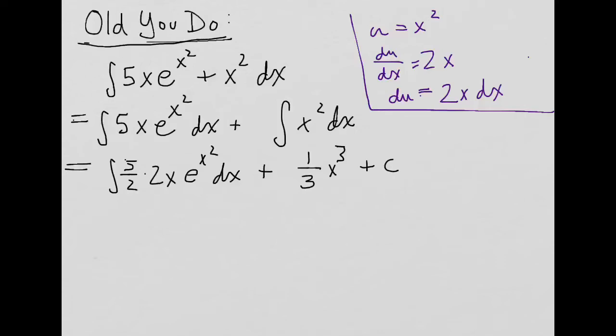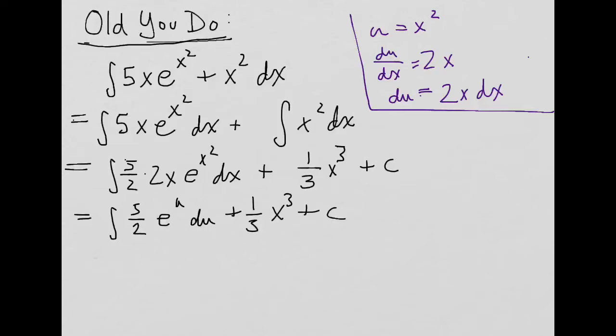And then let's go back and rewrite this first integral, and we have 5 halves. 2x dx is du, and so we have e to the x squared is just going to be e to the u du plus 1/3 x cubed plus c.